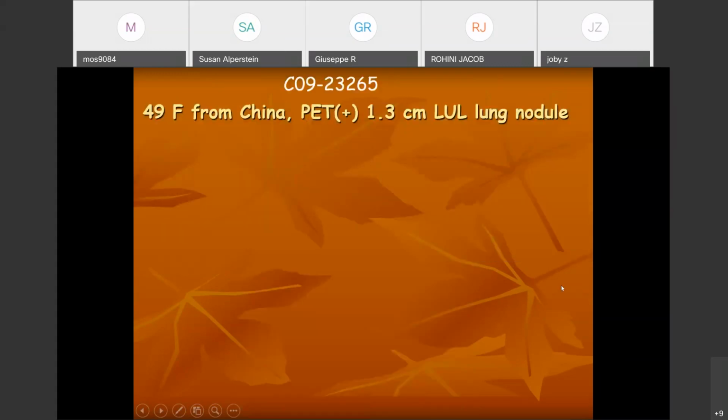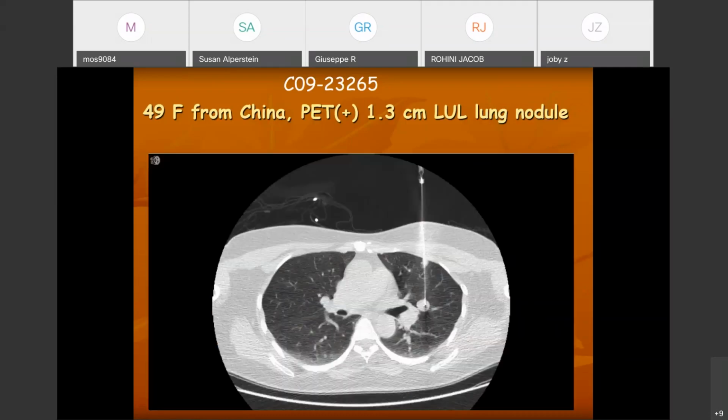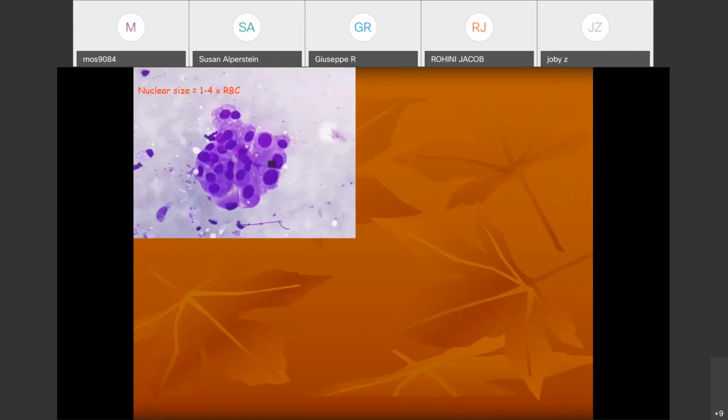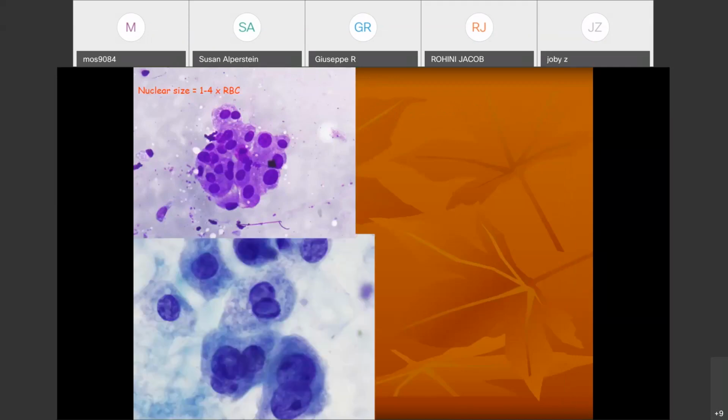And this is a 49-year-old Chinese woman, PET positive nodule. You see, that's the nodule, very like a coin lesion. And the Diff-Quik shows big nuclear size, some intranuclear inclusion, and then you tend to think, could this be adenocarcinoma?